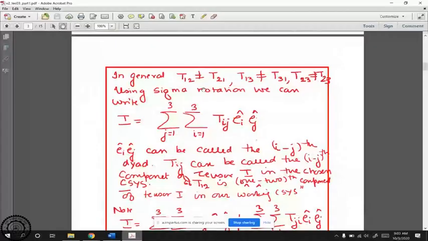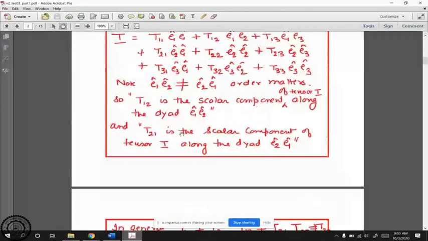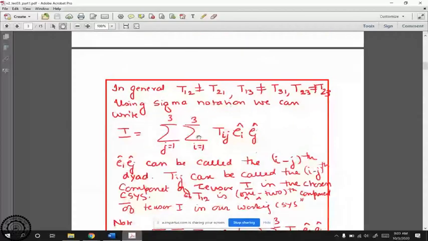Now the sigma notation that we have been using, we can apply here. Instead of writing these 9 terms explicitly on the right hand side, we can convey the same information using 2 sigma symbols. This is how I will express the tensor: Tij, Eij, with 2 summations, i and j going from 1 to 3.